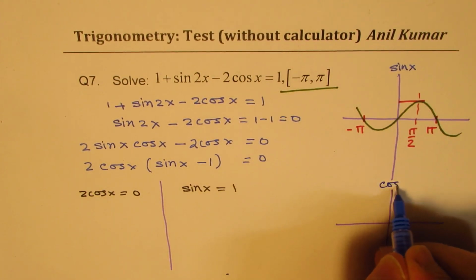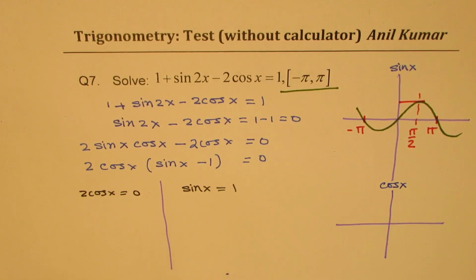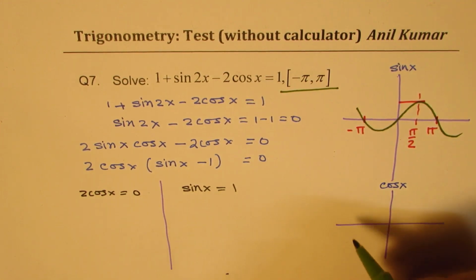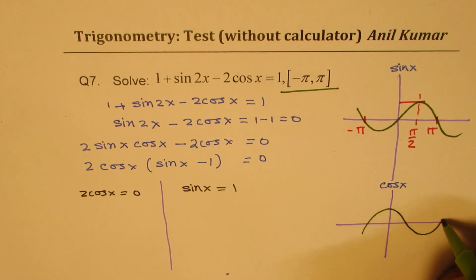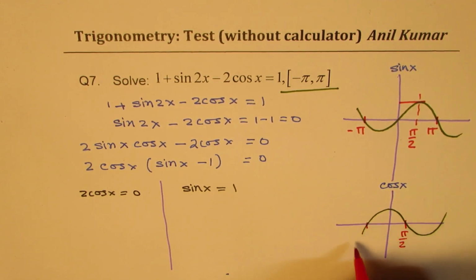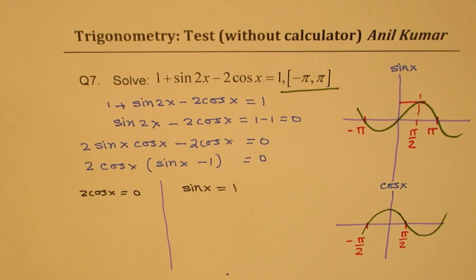So if you sketch cos x, you know cos x is 0 at pi by 2 and minus pi by 2, correct? So you could sketch like this. So these are the two values where cos x is equal to 0.